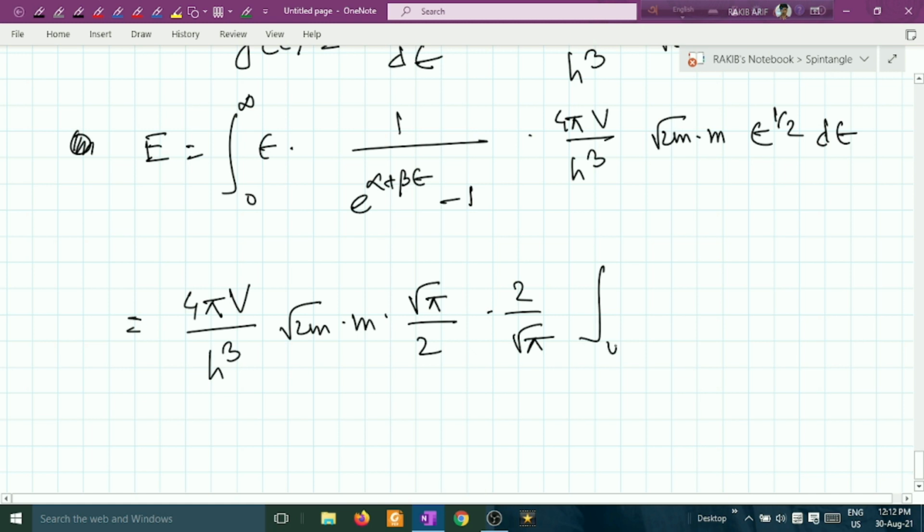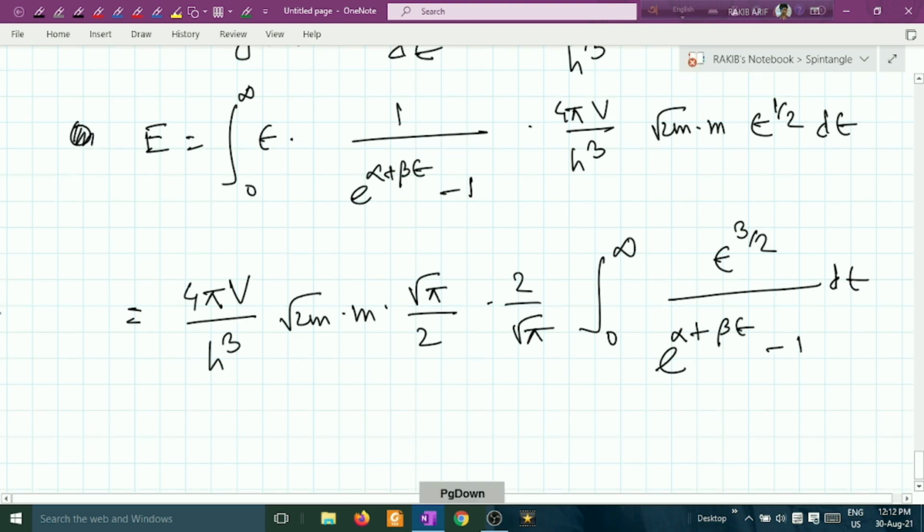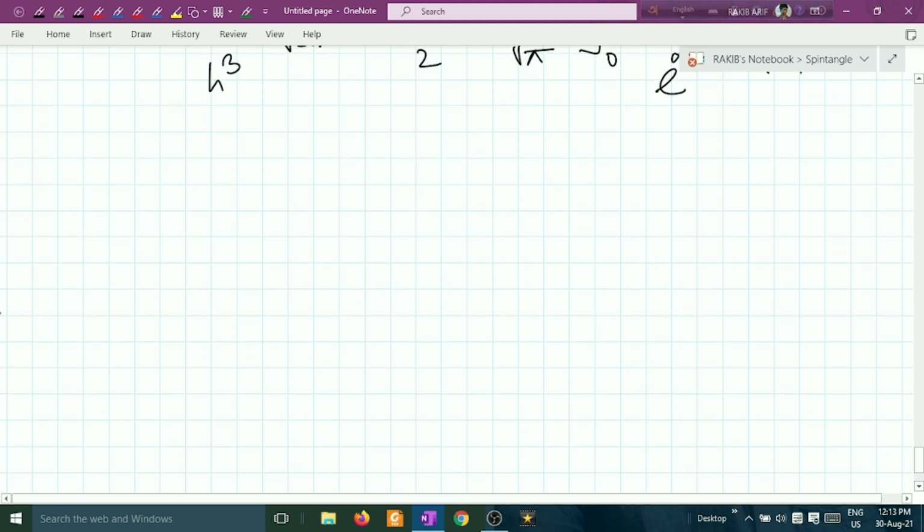Integration 0 to infinity. Here it becomes e to the power 3 by 2, not half. E to the power 3 by 2 upon exponential of alpha plus beta e minus 1, and here it is de. Now again solve this by the same process.